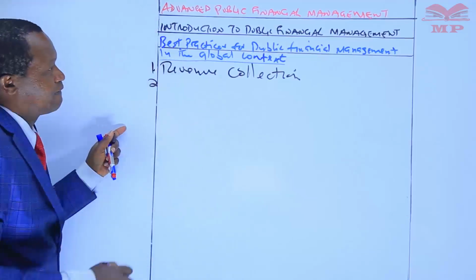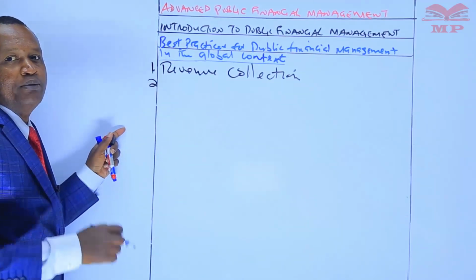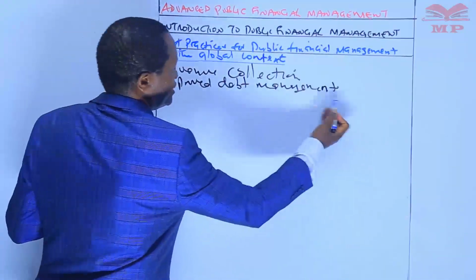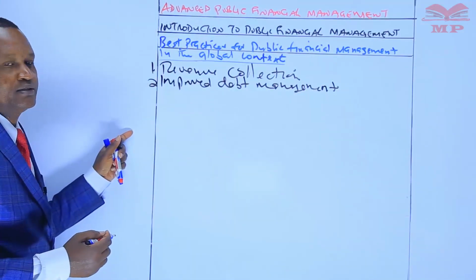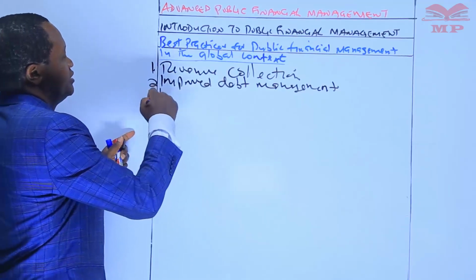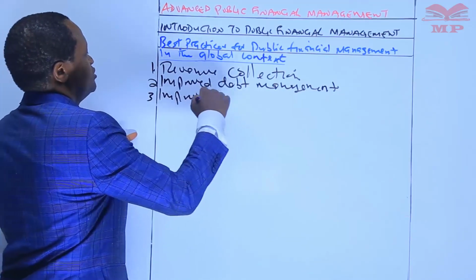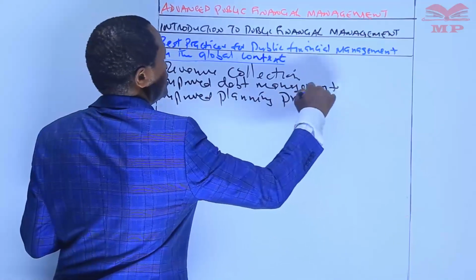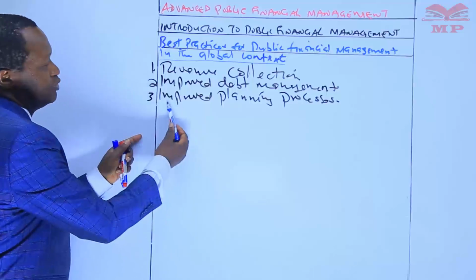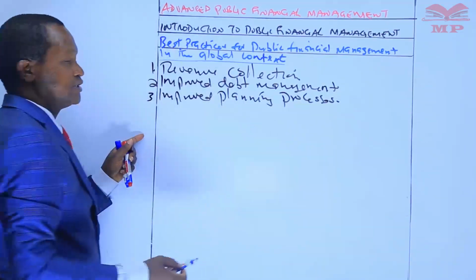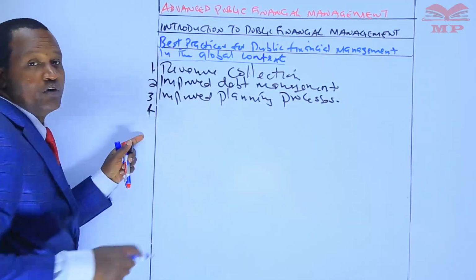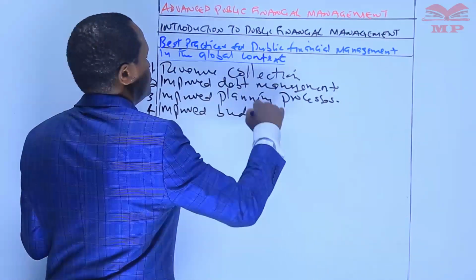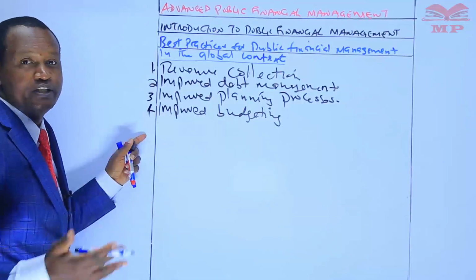The second is improved debt management. 3. Improved planning processes. 4 is improved budgeting.